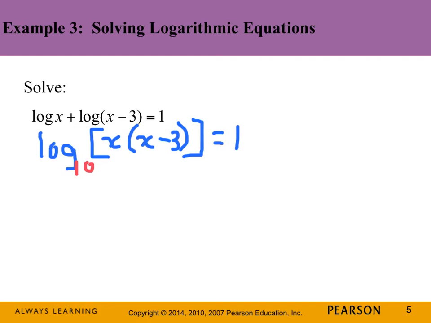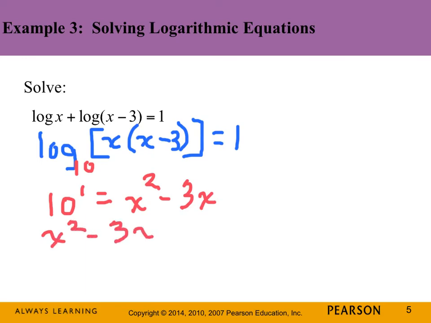we'll have 10 to the first power equals x times x is x squared. X times negative 3 is negative 3x. Okay, we want to subtract 10 from both sides and maybe see if we can factor this after that. So then we'll have x squared minus 3x minus 10 equals 0.